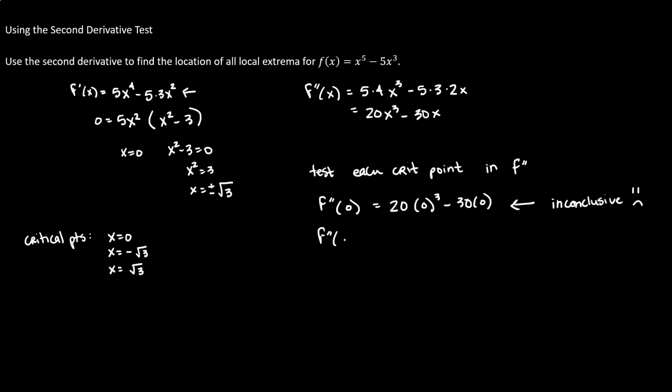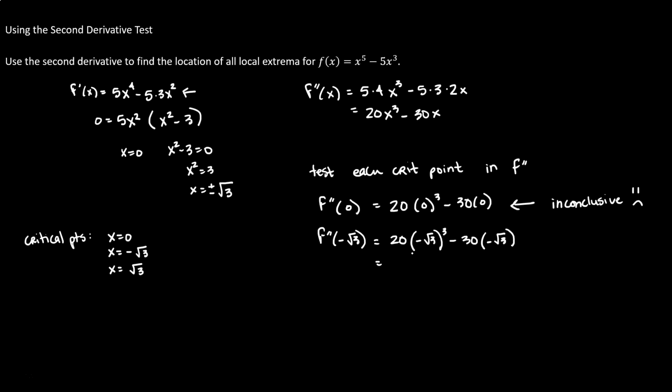So let's look at negative square root of 3. So we've got 20 times negative square root of 3, minus 30 times negative square root of 3. And we only care if this is positive or negative. So we'll have the negative square root of 3 raised to the third power.